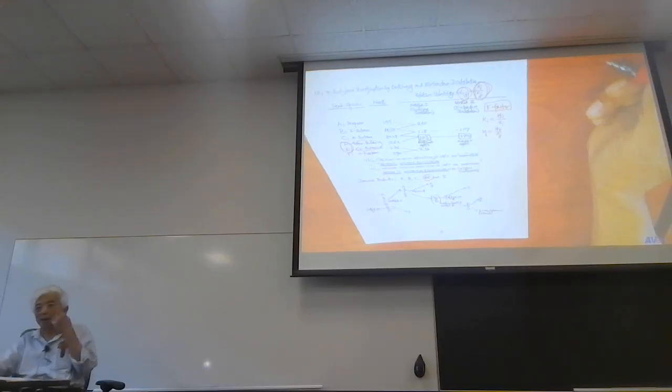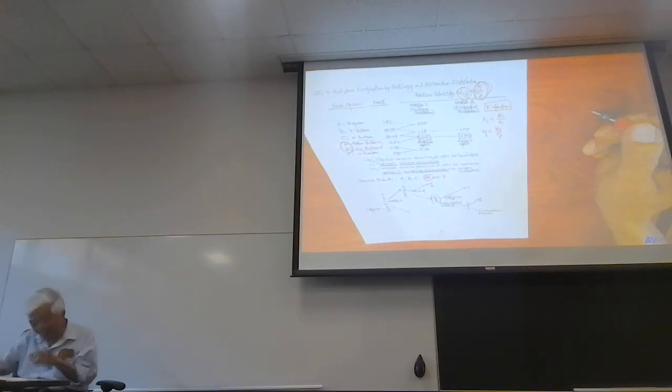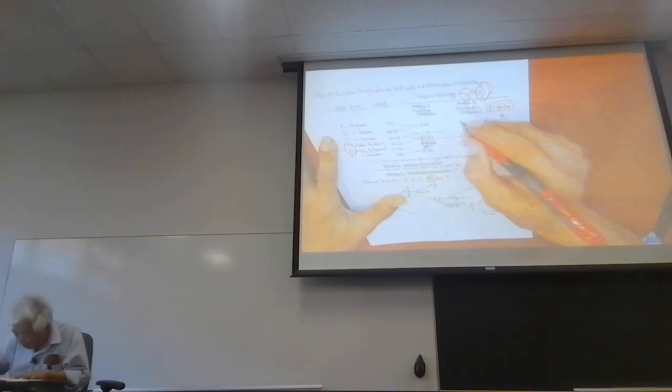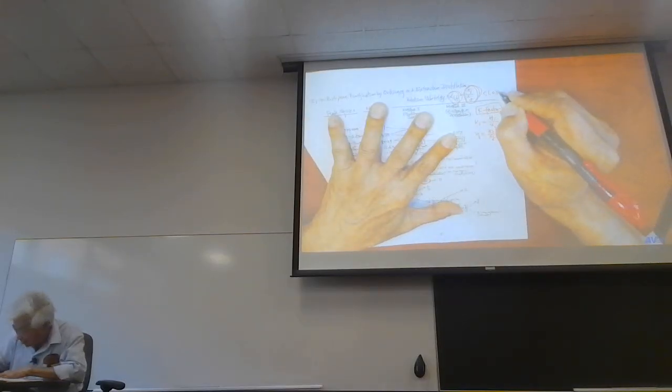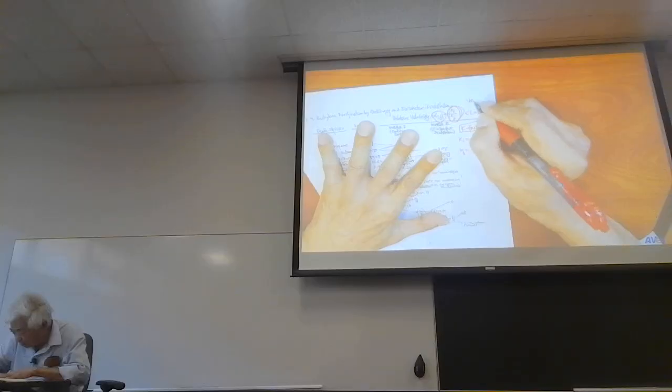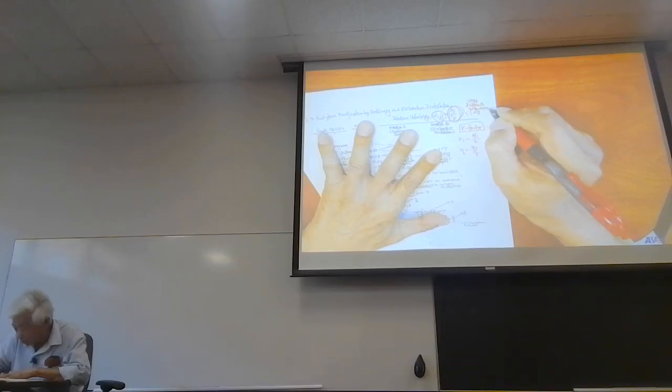What's special about relative volatility? If this is less than 1.05, that is a very difficult separation. What does that imply?